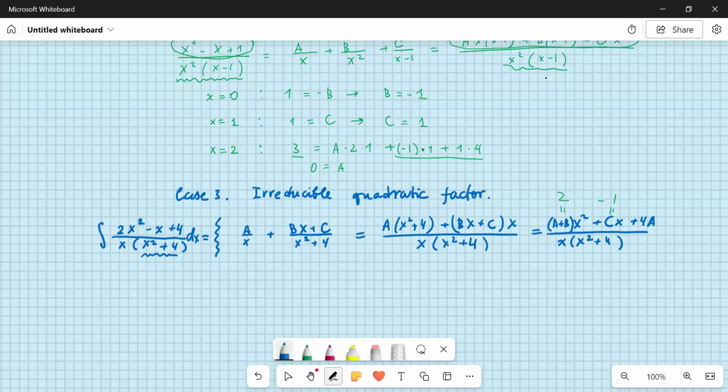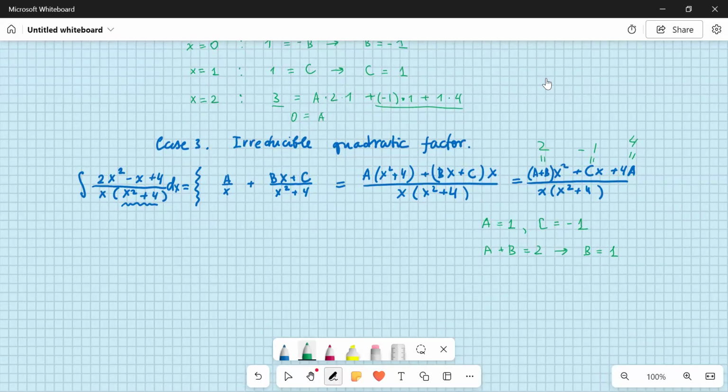A multiplied by 4, and this term must be equal to 4, from where a equals 1, right? So a equals 1, c equals -1, and a plus b equals 2, from where, knowing that a equals 1, b equals 1. Well, usually I guess it's not going to be that simple, but that's my example. I kind of designed it as I like it, right?